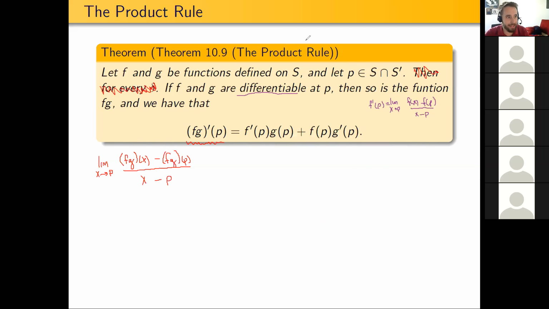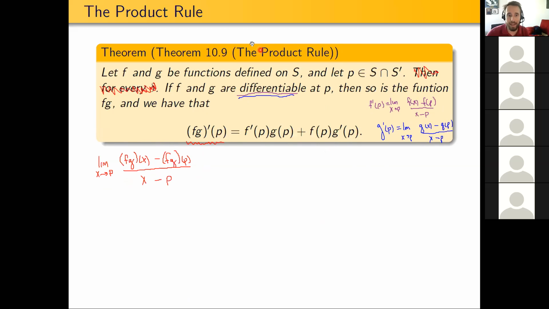And we know that g is differentiable, so g prime of p exists, that is, the limit as x goes to p of g of x minus g of p over x minus p. So both of those individual limits exist, and the question is, can we rigorously show that this limit exists? It turns out we can, but we have to be very clever about it.